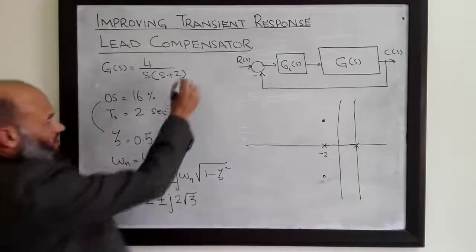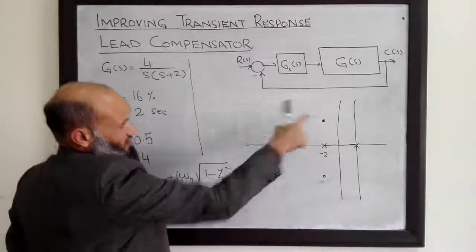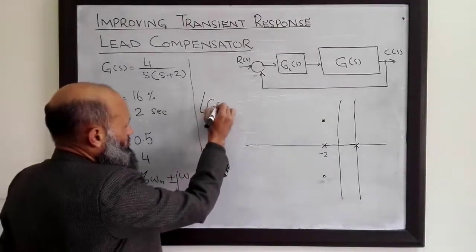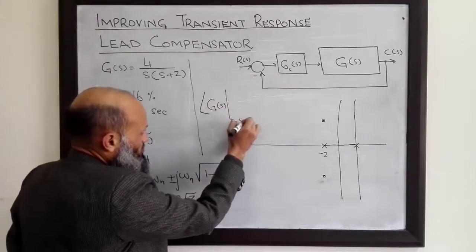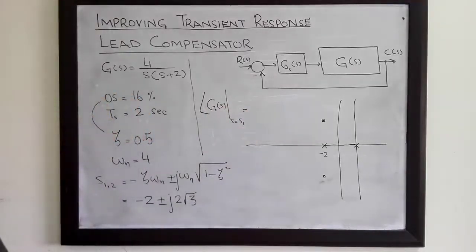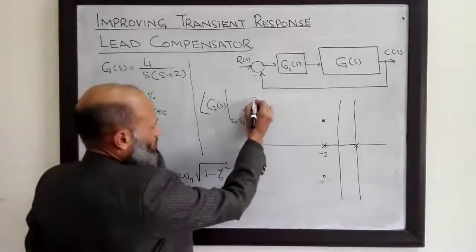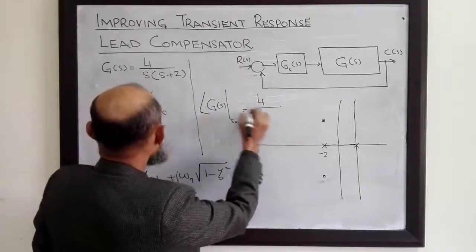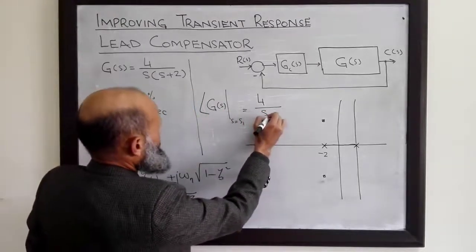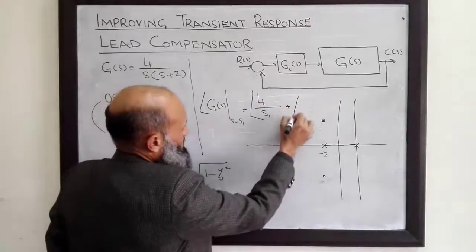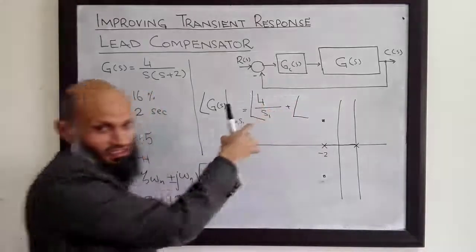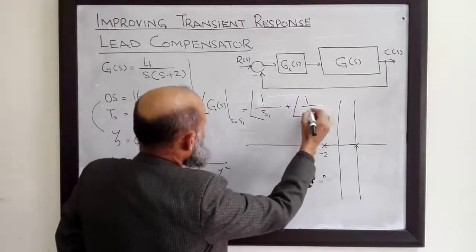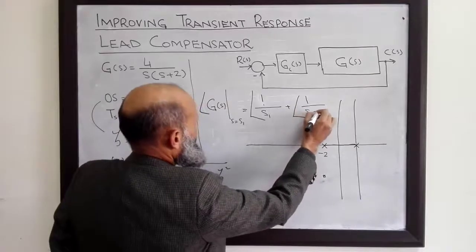We can verify that angle condition is not satisfied for these particular points, that is, the angle of G of s at s equal to these desired points is basically the angle of 4 over s1 times (s1 plus 2). The angle of 4 does not contribute anything to the angle, so I just omitted it.